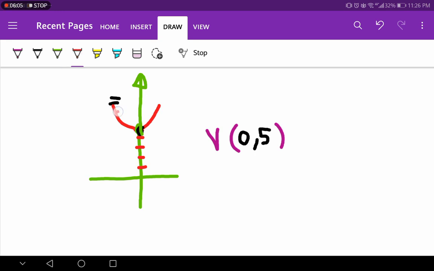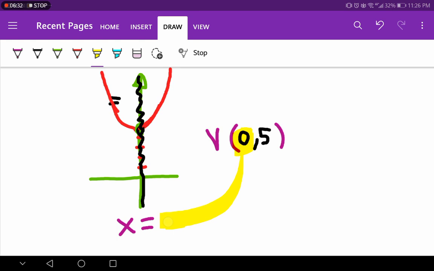Now see here, the axis of symmetry actually. So here, this axis is the axis of symmetry, and all of the time it is taken from here. So what you have to write, you write x equals, yes, this guy.